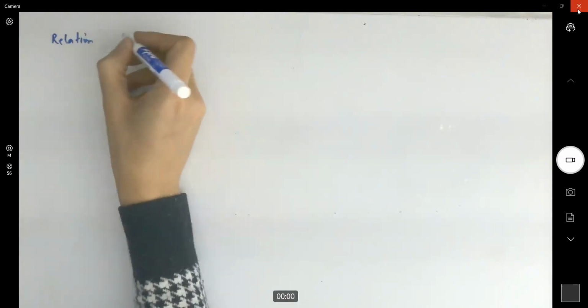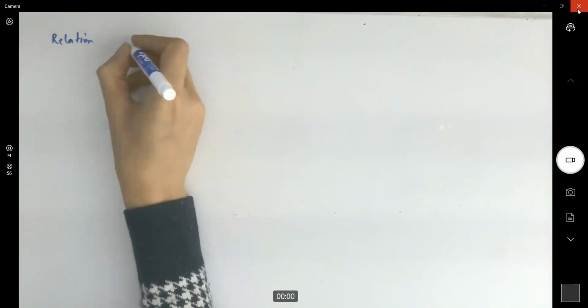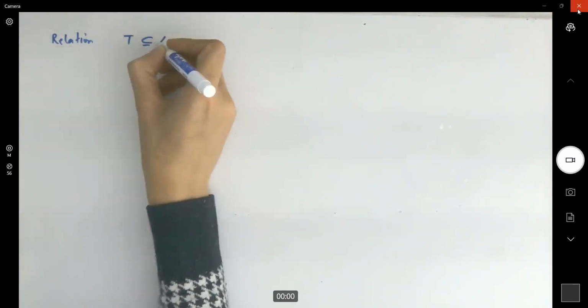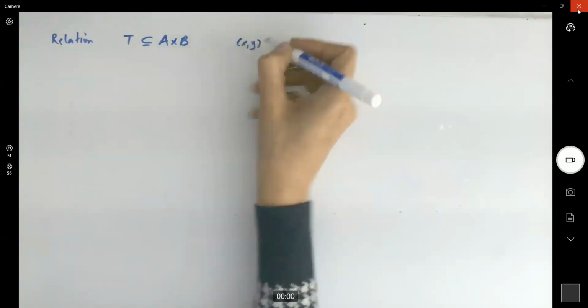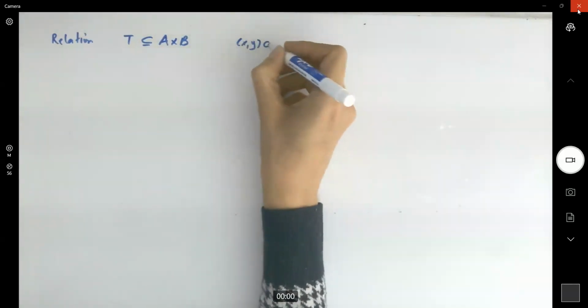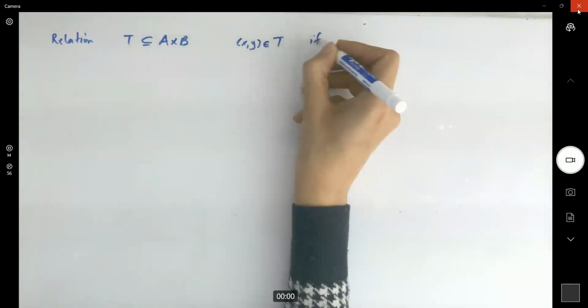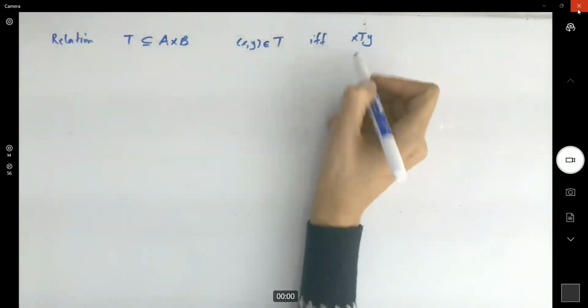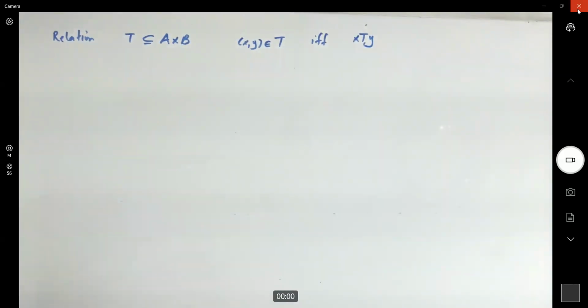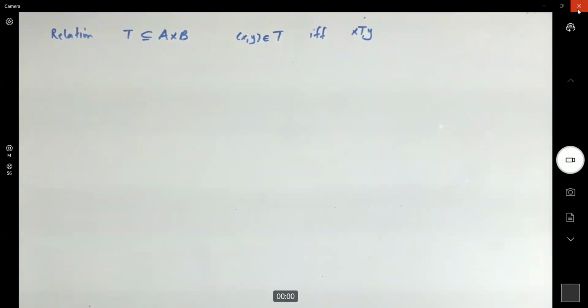A relation like R, S, T, anything that you like, is a subset of the Cartesian product between A and B. Then you say that an ordered pair belongs to that relation if and only if x is in relation with y. And then you're going to check each one of these.